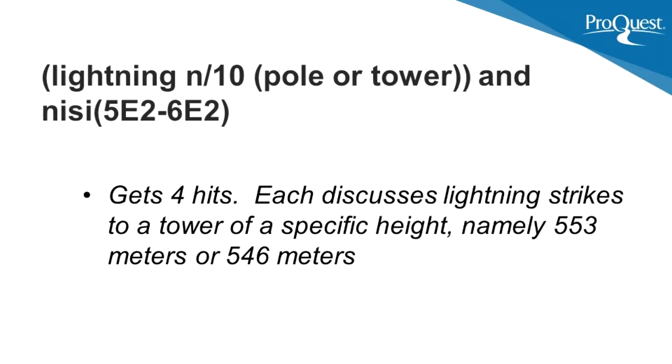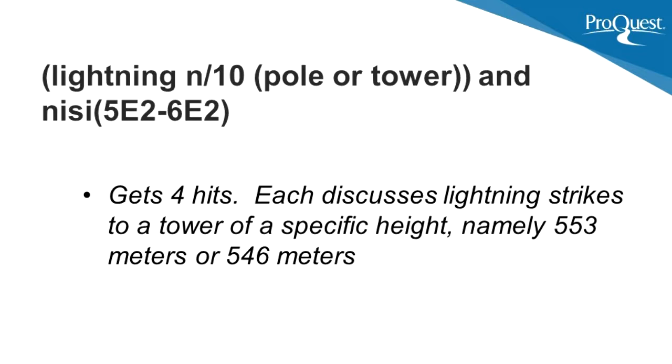I got 4 hits. Not very many, but they were exact, and they were exactly the records that we were looking for. Some of them talked about lightning strikes to a tower that was 553 meters in height. One of them talked about a lightning strike to a tower of 546 meters.